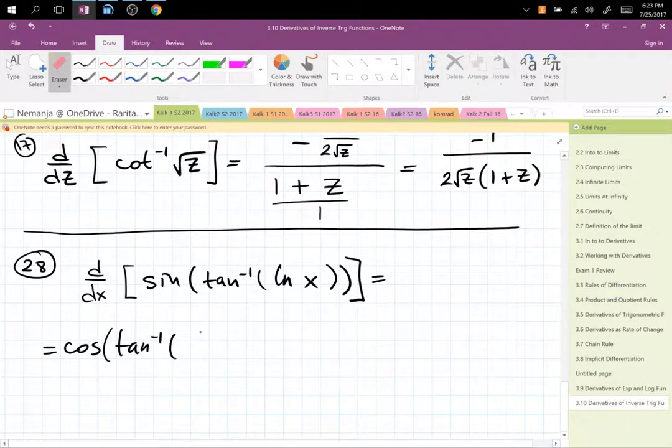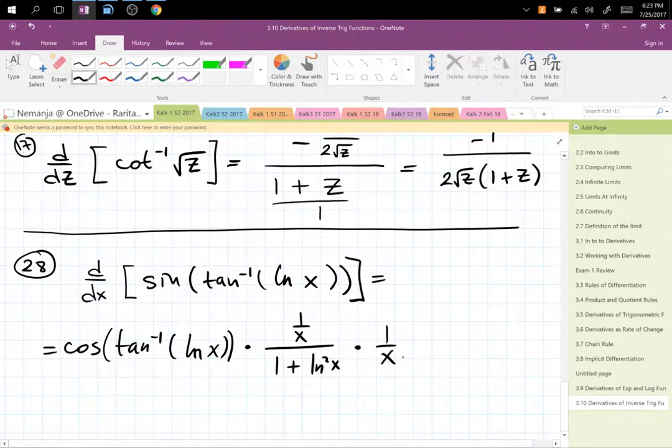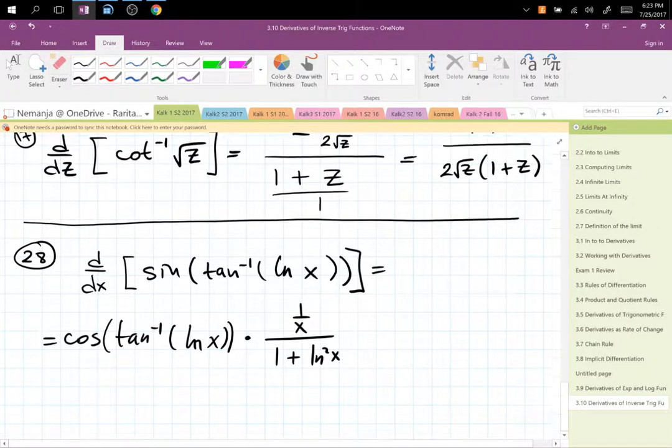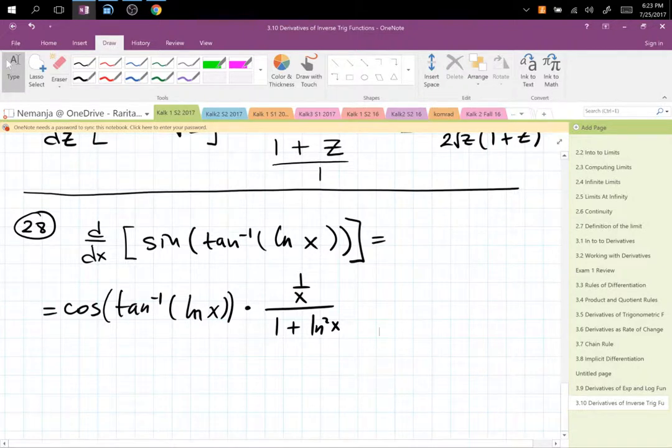Times the derivative of the inside, well, that's inverse tangent of ln, which means 1 plus function squared, and then derivative of the function on top, times the derivative of ln x, which is 1 over x. Oh, no, there's no, that's it.